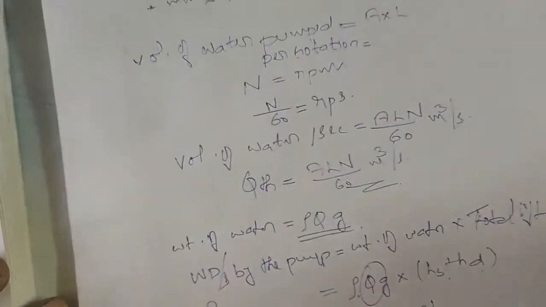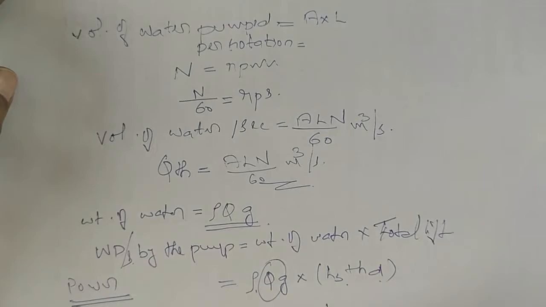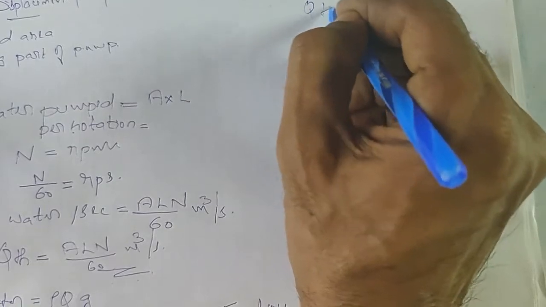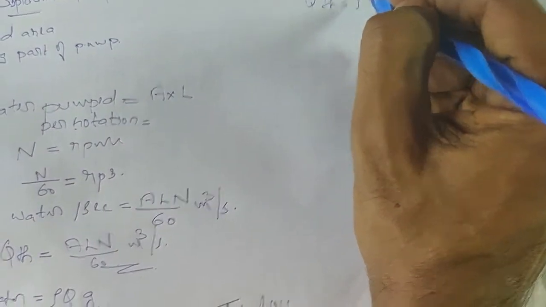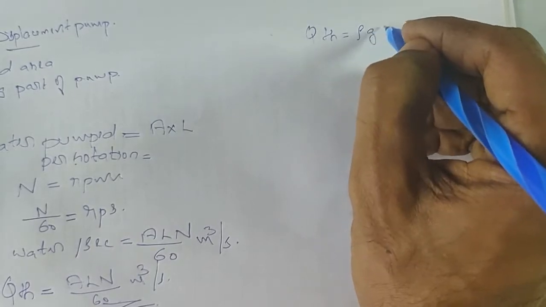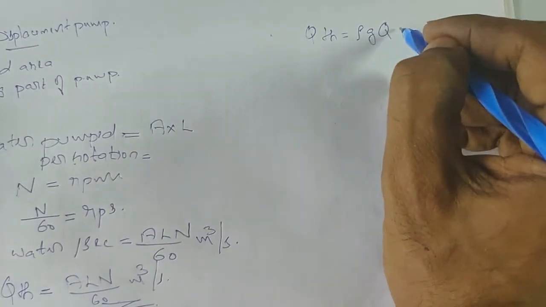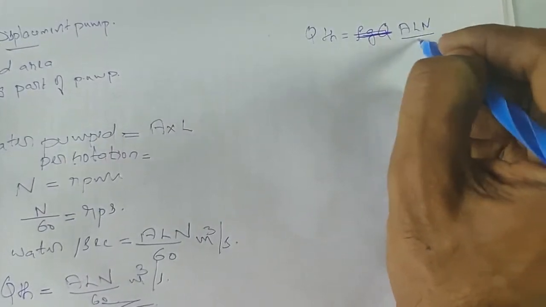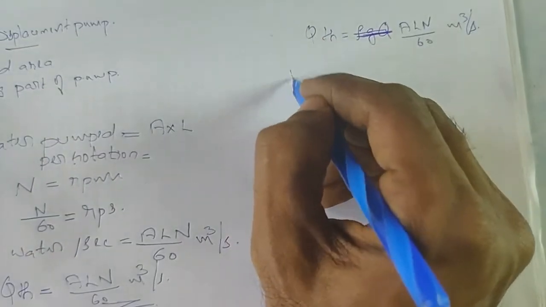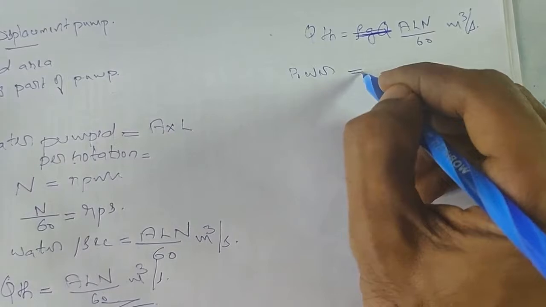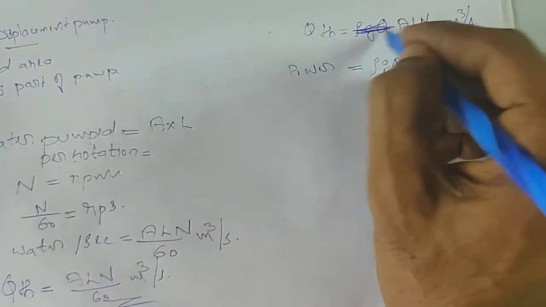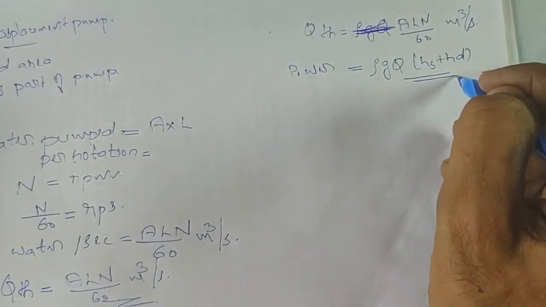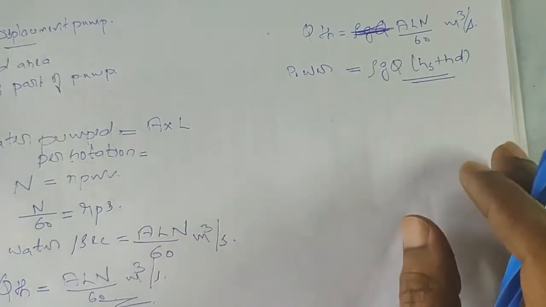So Q_TH is equal to ALN by 60 meter cube per second, and the power done by the pump is equal to rho g Q into (HS plus HD). So these things need to be remembered.